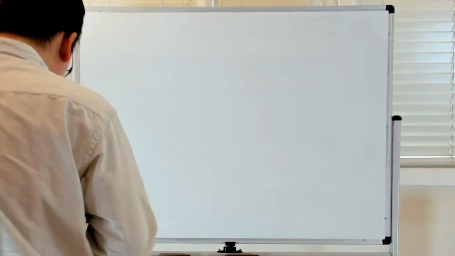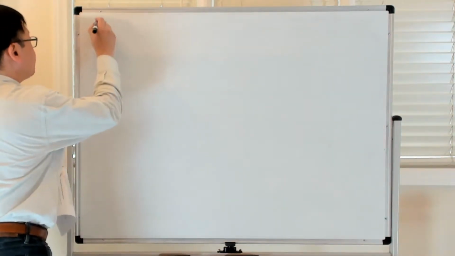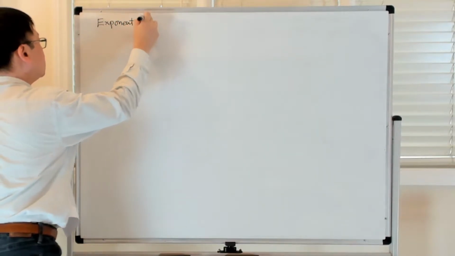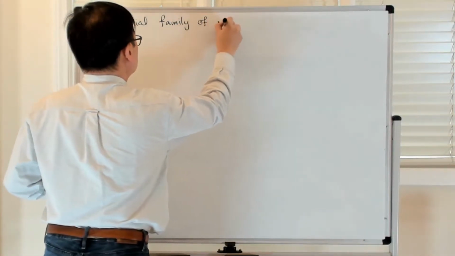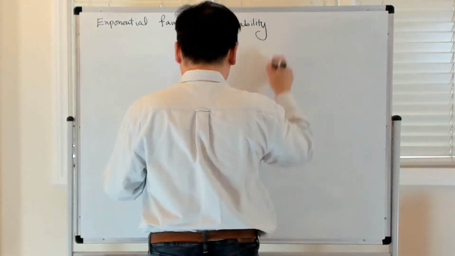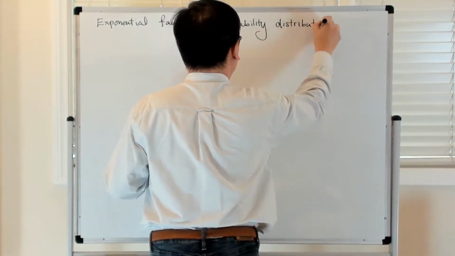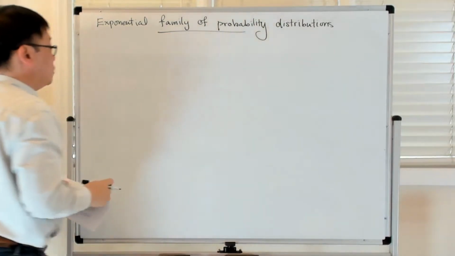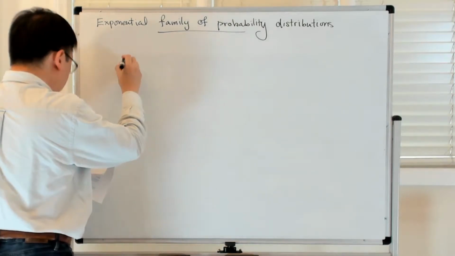Right, so now we're going to talk about an important class of probability distributions, which are the exponential family. So the exponential family has the following form.